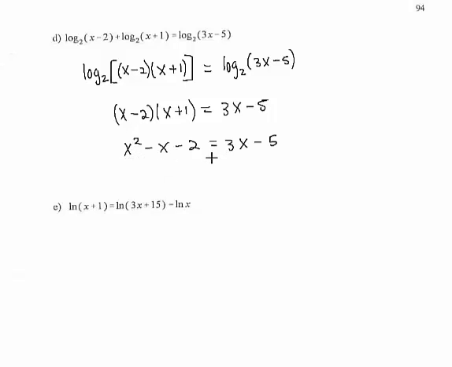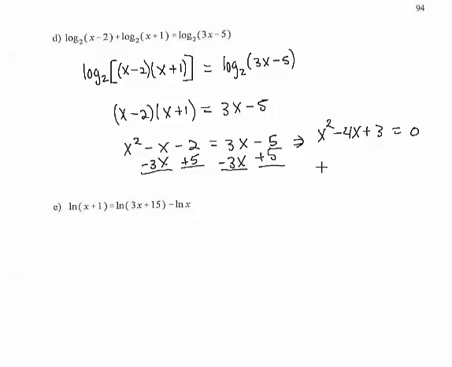With a quadratic equation, you want to move all of the terms to one side. So I'll add 5 and I'll subtract 3x in the same step. This results in the equation x squared minus 4x plus 3 equals 0.